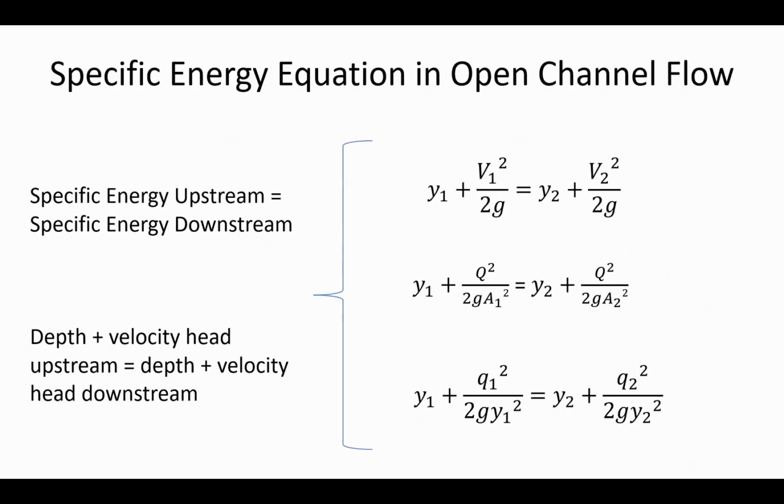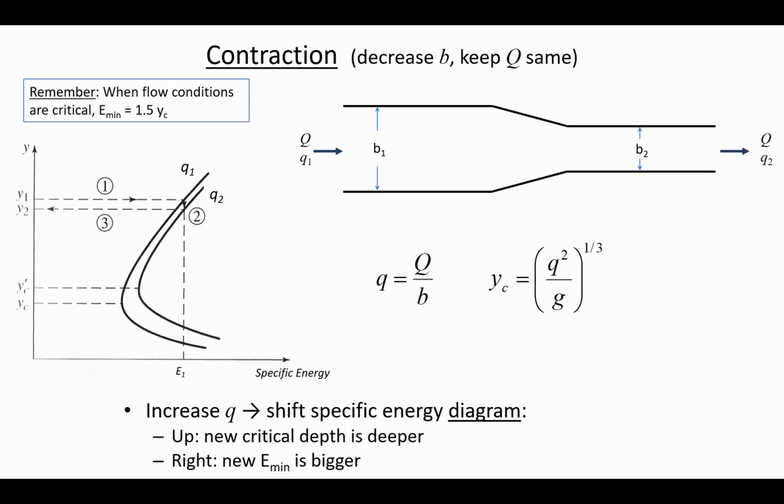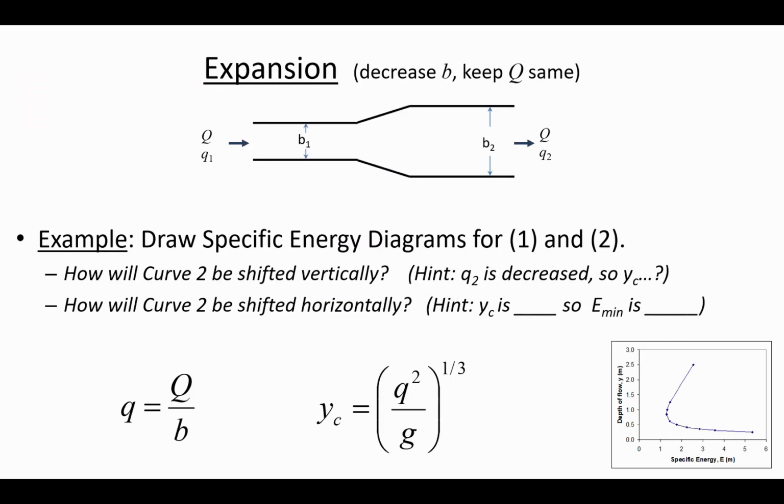In the first case where we had a contracting channel, it pushed the diagram to the right and upward. When the channel expands, what's going to happen instead is the channel expanding is going to push the specific energy diagram to the left and downward. And so think about why that would be in terms of the critical depth.